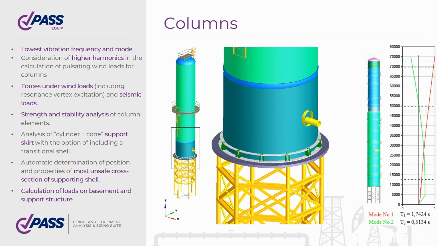A transitional shell may be used when we have different materials for skirt and bottom. The program automatically determines the position of the most dangerous cross-section of the skirt, taking into account the weakening by the holes. It also calculates the loads on the foundation and the supporting structure.